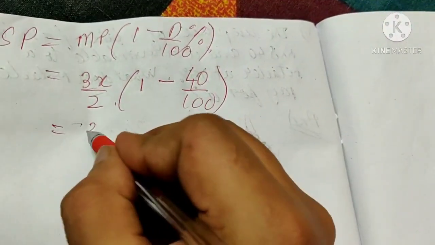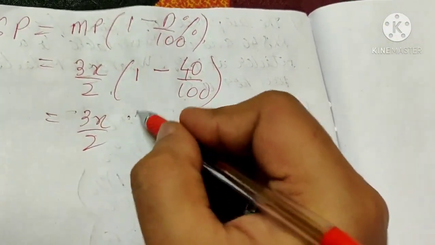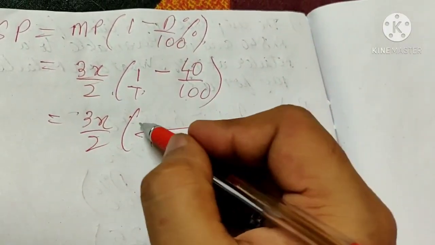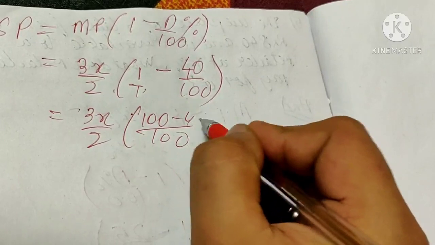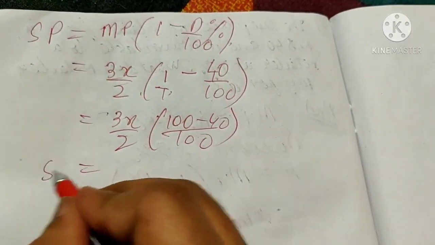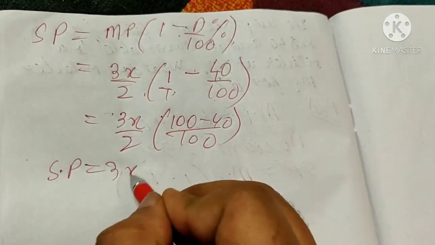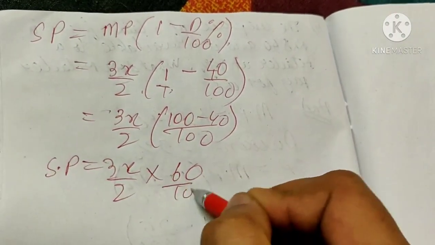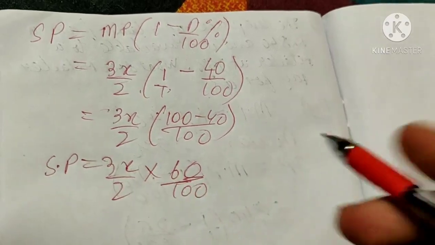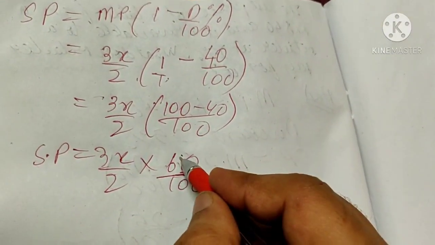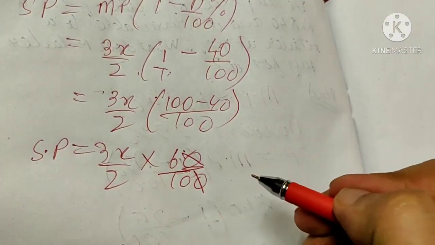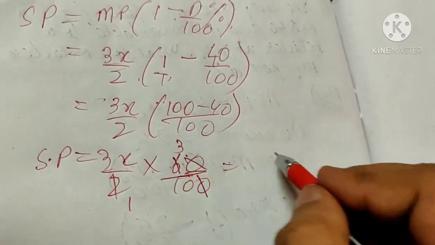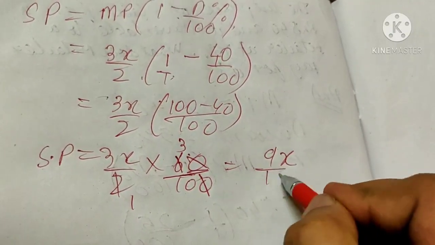Taking 100 as the LCM, SP here is 3x by 2 into 60 upon 100. Okay, this can be reduced by these 3s, it equals 9x upon 10.